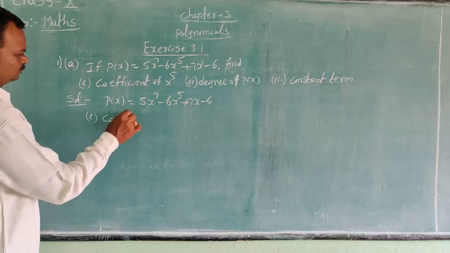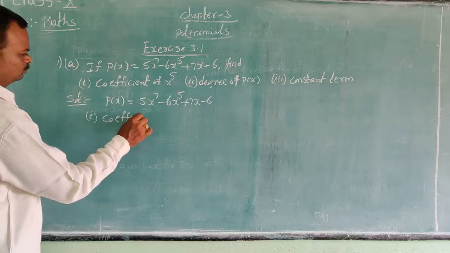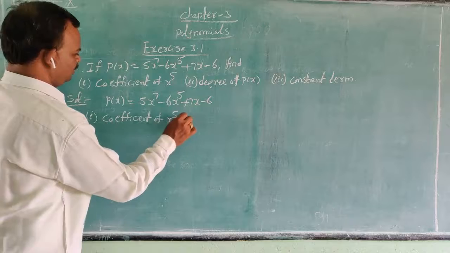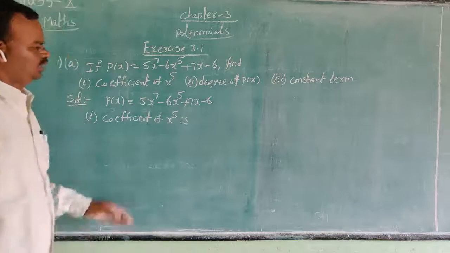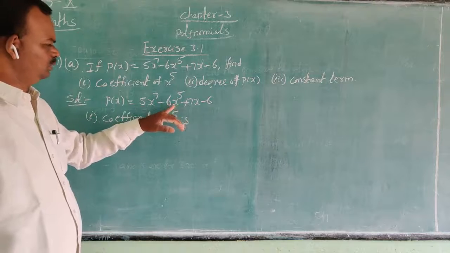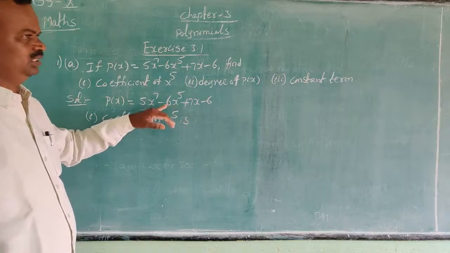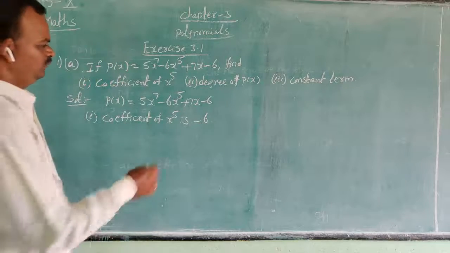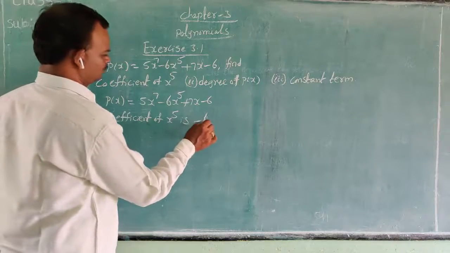the coefficient of x power 5. That means the coefficient of x power 5 is minus 6.